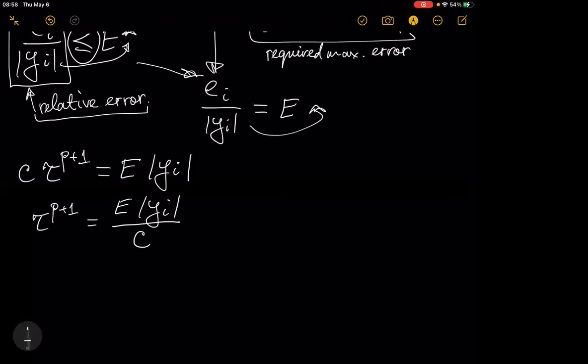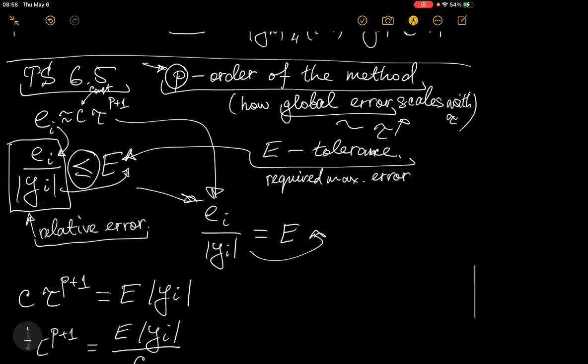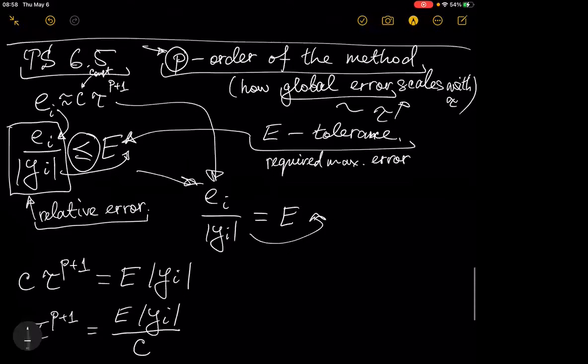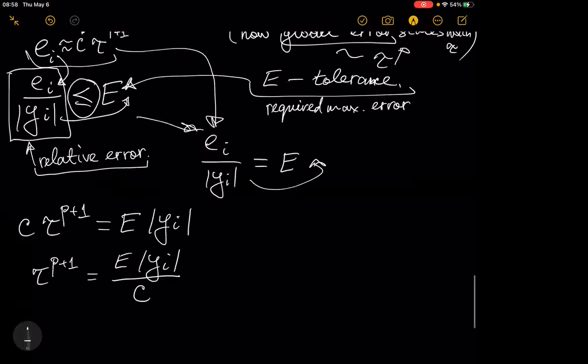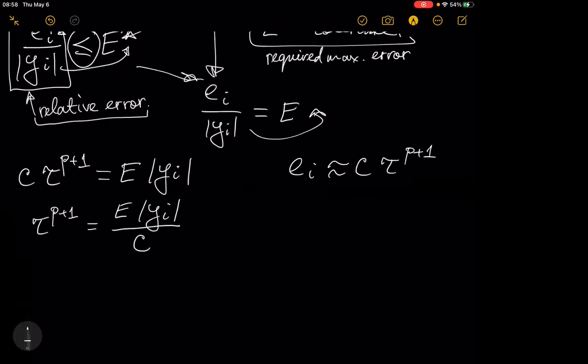And then from here, I will get C from here. So remember, EI is approximately C tau to the power P plus 1. So from here, C is nothing else, approximately EI divided by tau to the power P plus 1.